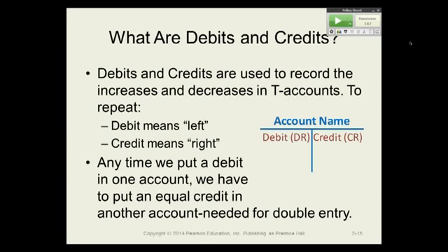Yep, debit minus credit, that's right. So the debits and credits offset. And yeah, the largest side is going to be the balance. Okay, let's do another one.